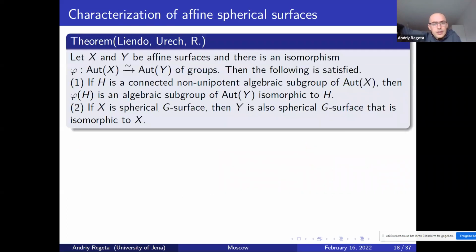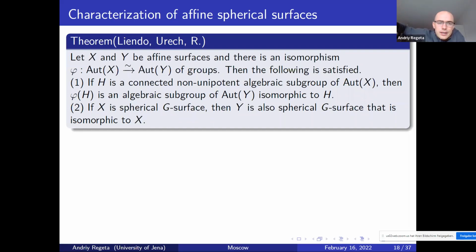Nevertheless, in the case of surfaces, we were able to prove that the image of most algebraic subgroups is again an algebraic subgroup. More precisely, together with Alvaro Leyendo and Christian Urech, we prove that if X and Y are affine surfaces, and there is an isomorphism from Aut X to Aut Y of abstract groups, then the following is satisfied.